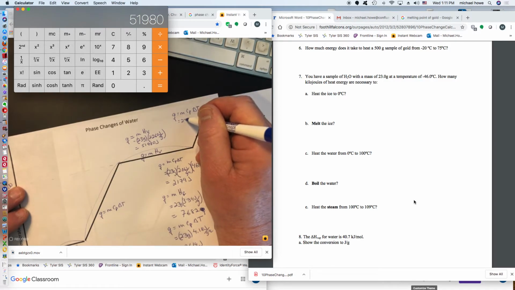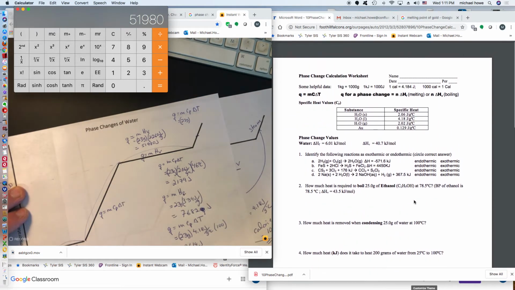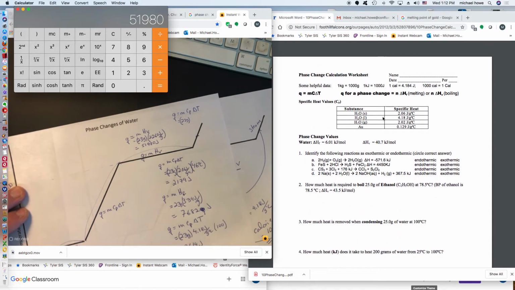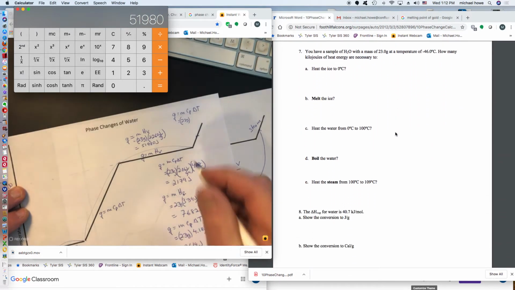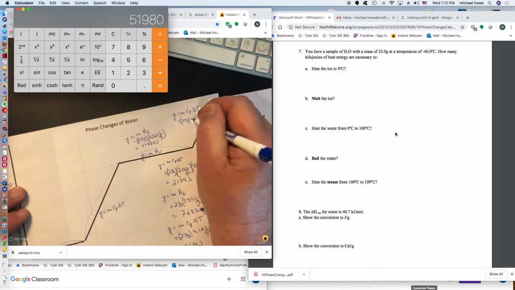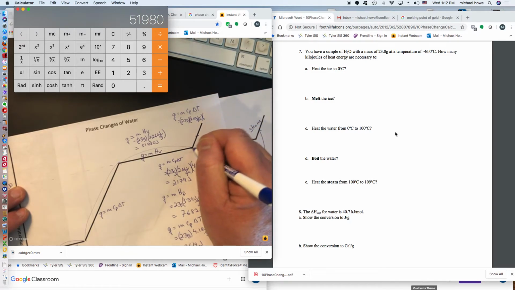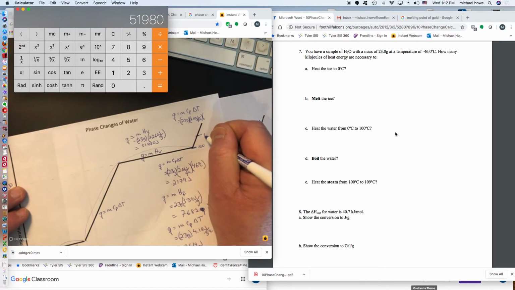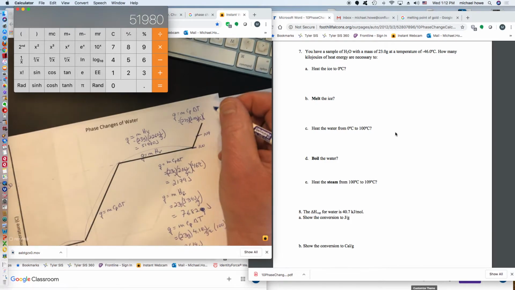Mass, again, is 23 grams. The specific heat capacity, since we're in steam, we have to use the specific heat capacity of steam, and that is 2.02 joules per gram degree C. And the change in temperature here is from 100 to 109.